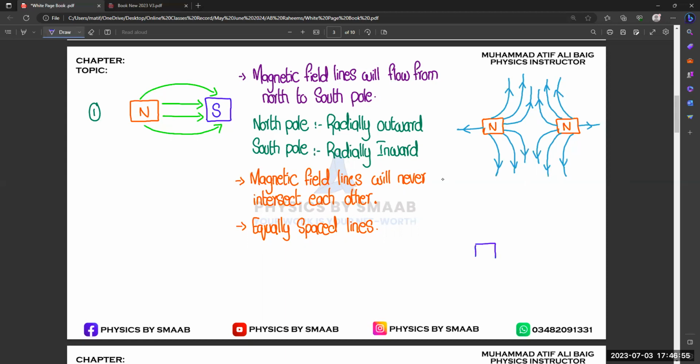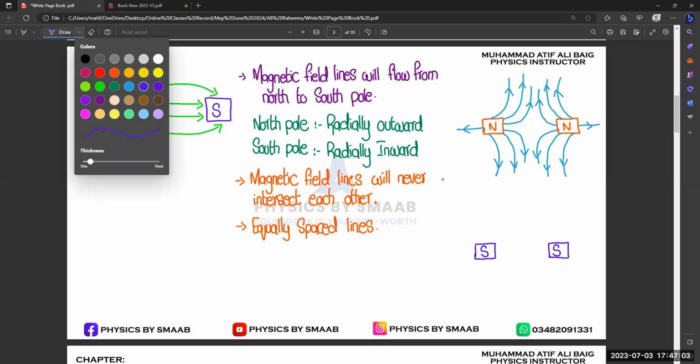Because when we draw a south pole and a south pole of the second magnet, the field lines will be in different direction.